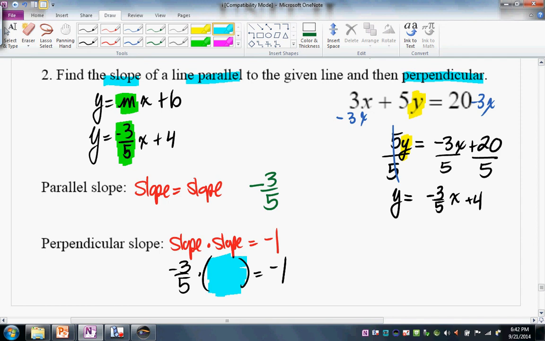I want you to take 10 seconds and fill that out yourself. Okay, you should have written positive 5/3. So our perpendicular slope is the opposite reciprocal, which is 5/3. Very, very common question on SATs and PSATs.